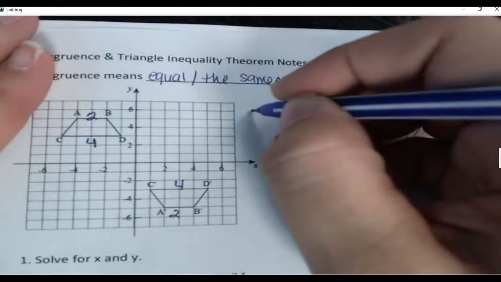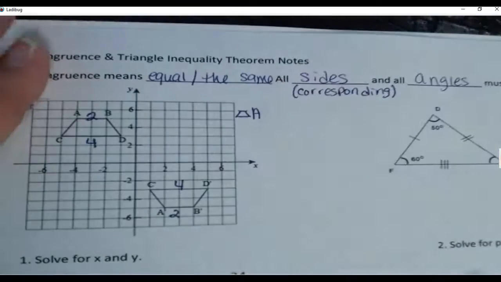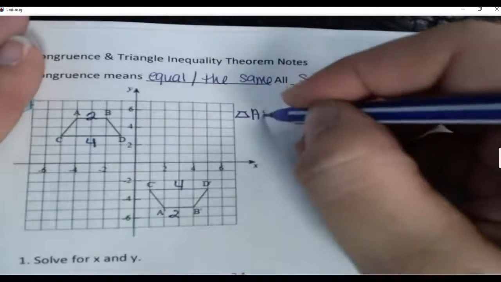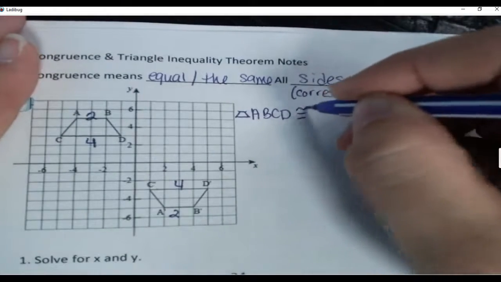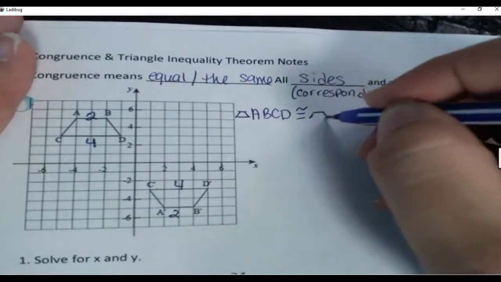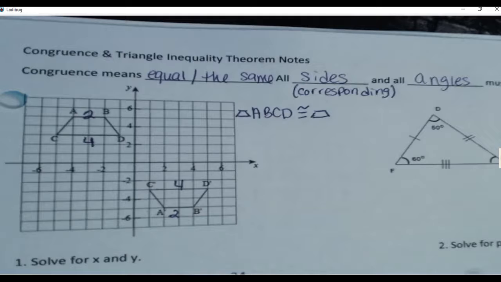So I can say trapezoid A, B, C, D is congruent to trapezoid. And when you're writing a congruent statement, you want to match the corresponding congruent angles to each other.